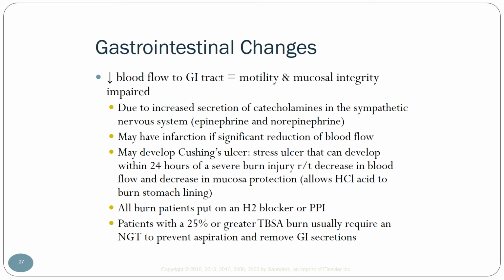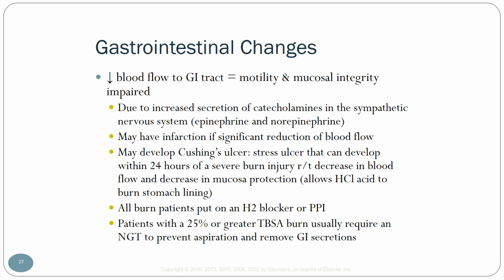And so the GI tract gets shut down right away. There are increased secretions of epinephrine and norepinephrine that cause this response. So there can be an infarction because there is reduced blood flow. We could actually have death to part of the bowel if there is interruption of circulation for long enough.